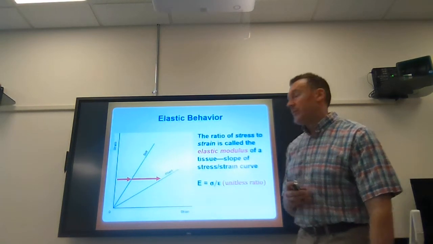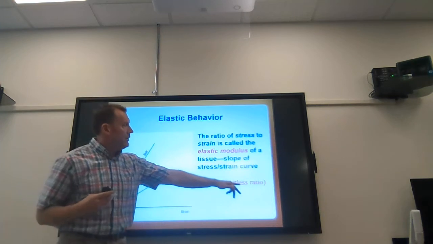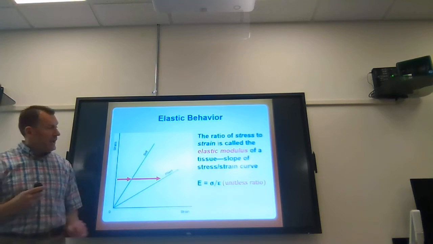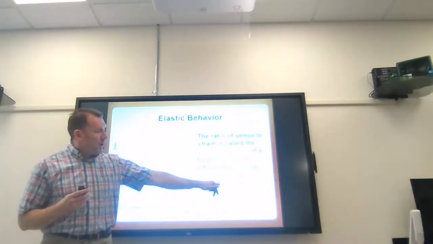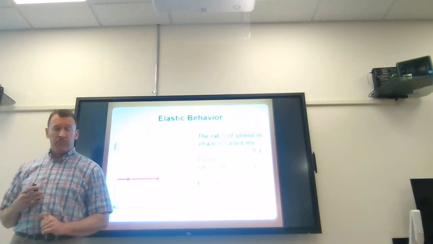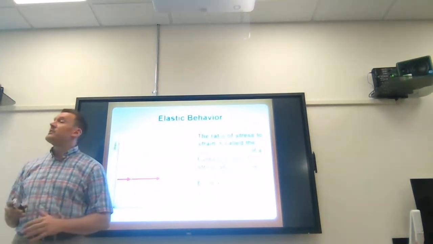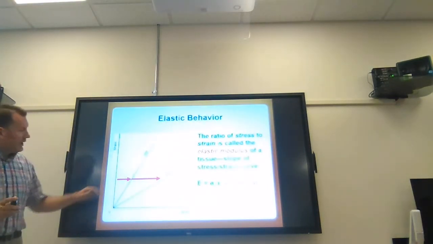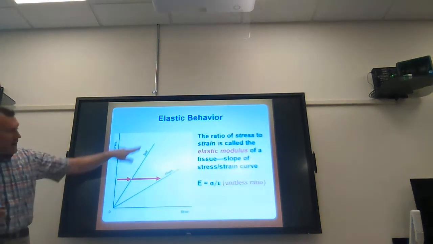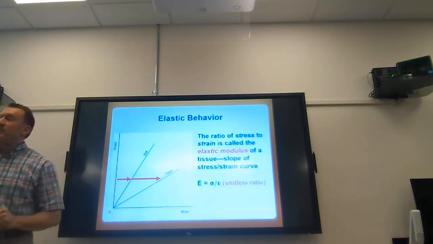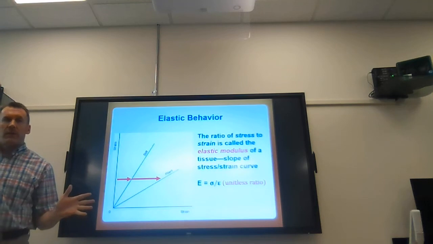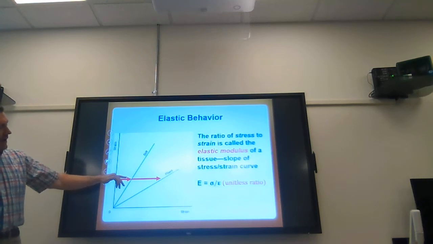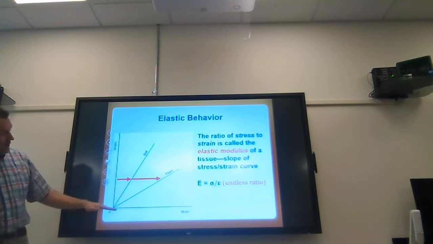So the stress-strain relationship is expressed as this unitless ratio, the elastic modulus. We take the amount of stress divided by the amount of strain. So this elastic modulus represents the slope of the stress-strain curve. For a given amount of stress, if these two lines represent two different materials, we can apply the same amount of stress and a stiffer material won't undergo as much strain.